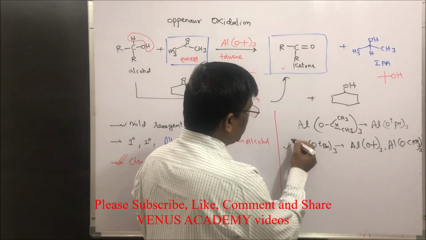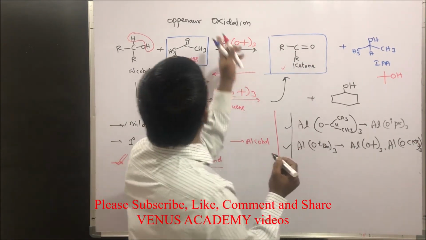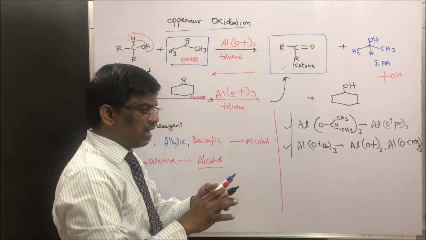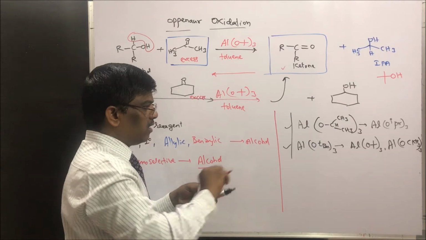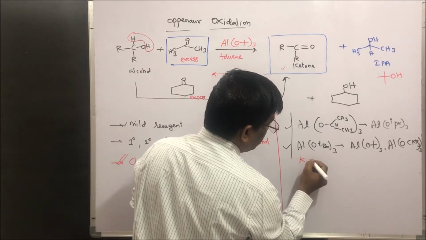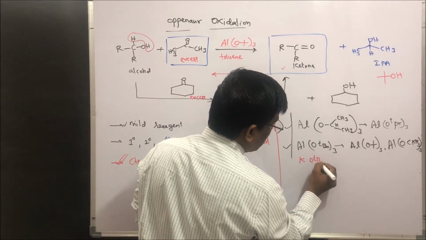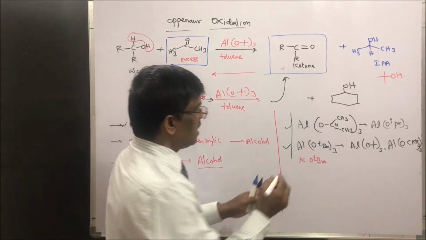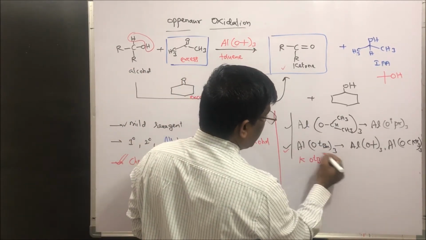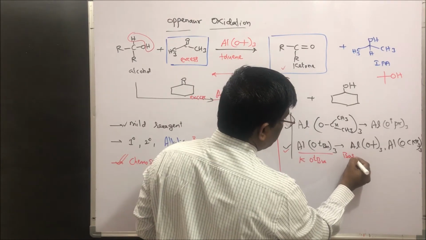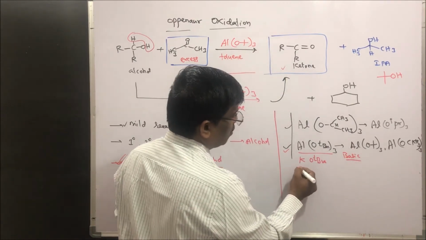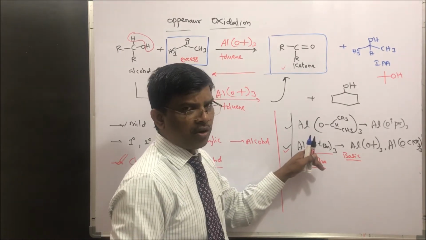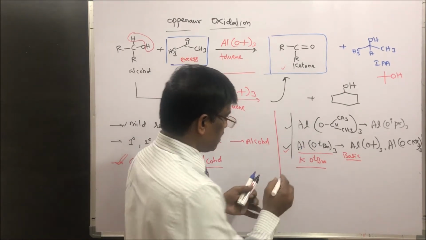So these are the usual reagents for Oppenauer oxidation. However, a very important reagent is potassium tertiary butoxide, which can also be used in place of aluminium tertiary butoxide. This is a slightly basic reagent. So please remember this also.